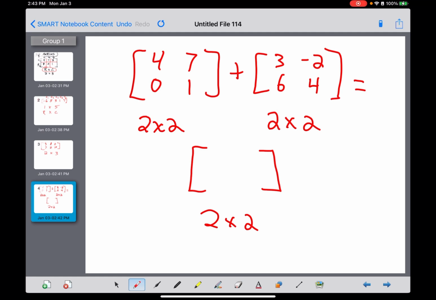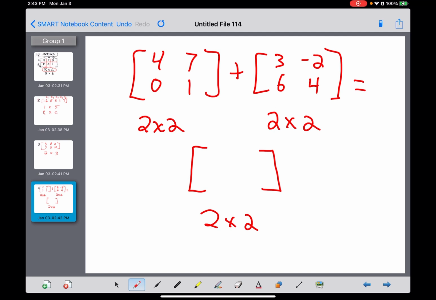The way you add or subtract is you just take the elements located in the same spots and add them together. So 4 and 3 are in the same spot, first row, first column.